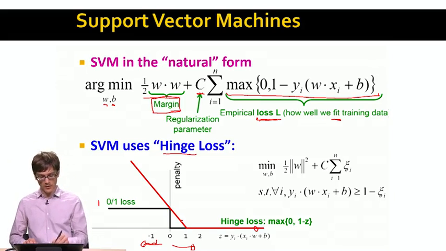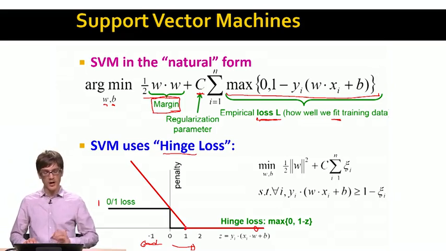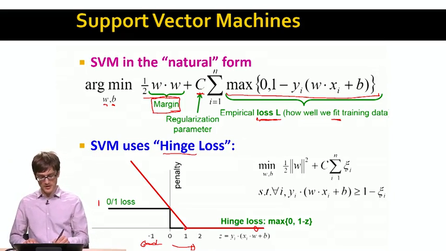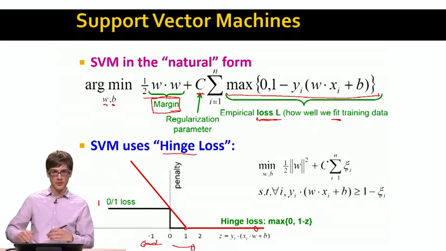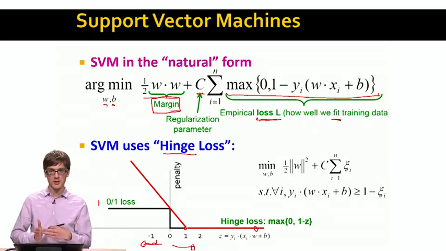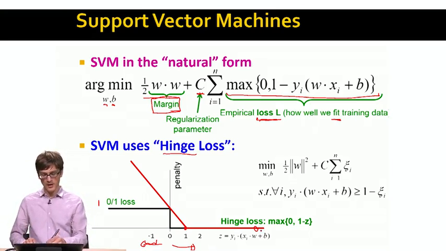The reason we call it a hinge loss is because there is this hinge at 1, which basically means if we are classifying the point correctly and the point is away from the decision boundary for at least a value of 1, then we obtain the cost or the loss of 0.